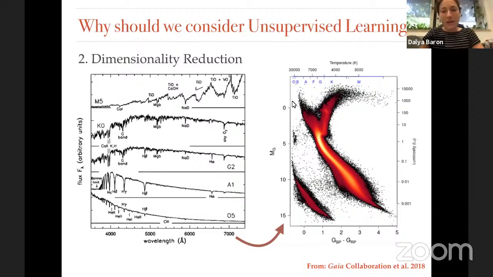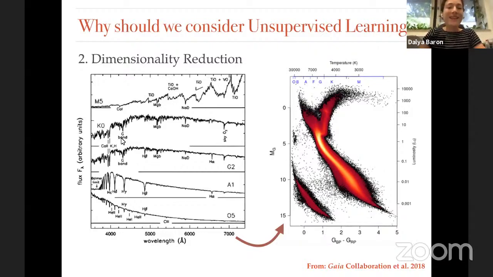But on the other hand, we know that if we plot the same stars on the color magnitude diagram, where basically every point is a star that has a stellar spectrum, what we find out is that most of these stars occupy a very thin region in this diagram, which we call the main sequence.